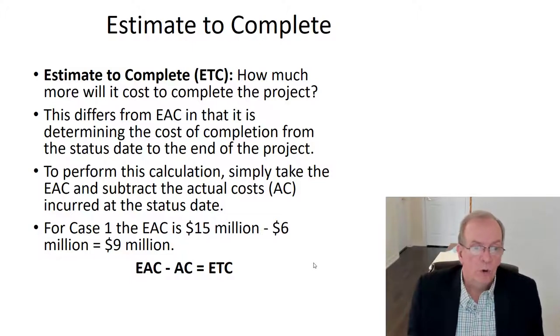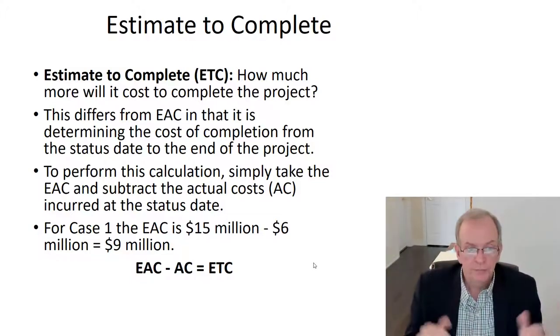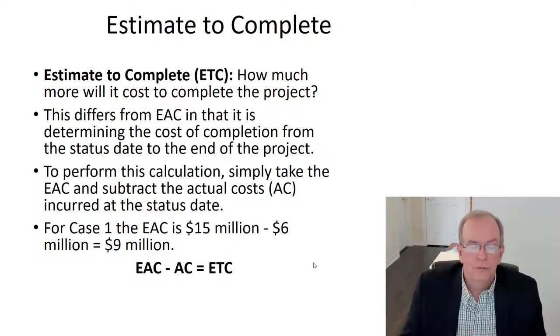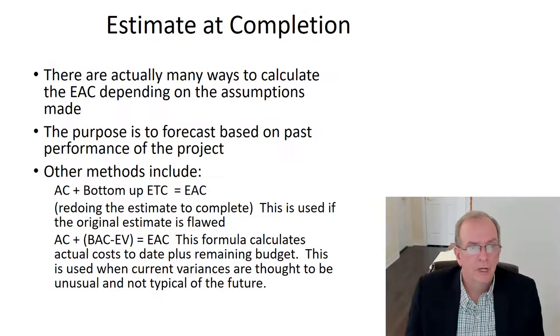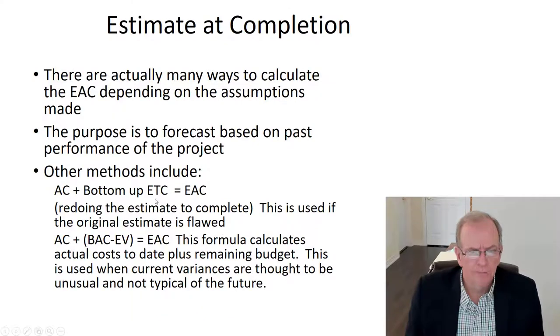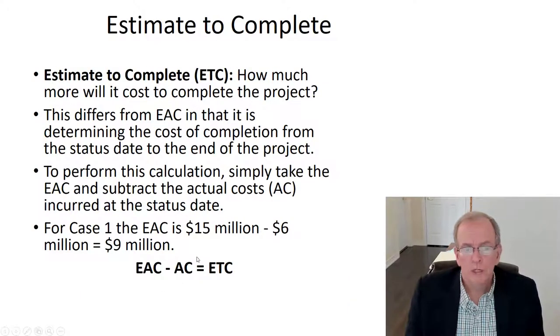So really, what we're saying is if you know what the estimate now is at completion, which in this case we've worked out is 15 million, when we went back a few slides and ran that number, we're going to subtract our actual costs, which we know was 6 million.